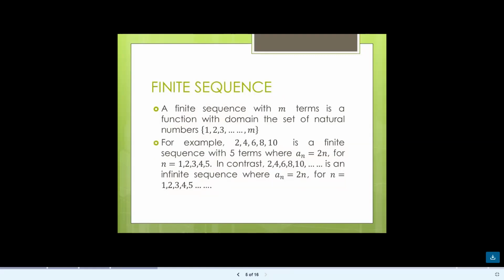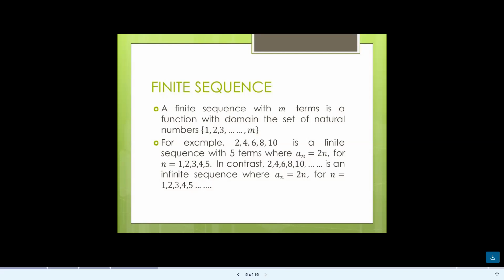And here they're talking about if you have a finite sequence, right? Where you're not having a sequence that goes on and on and on. You want it to end somewhere, right? So like this one, say you're talking about the set of natural numbers up to m, right?